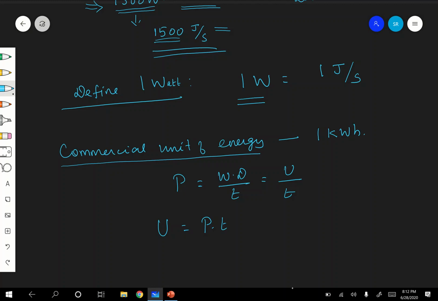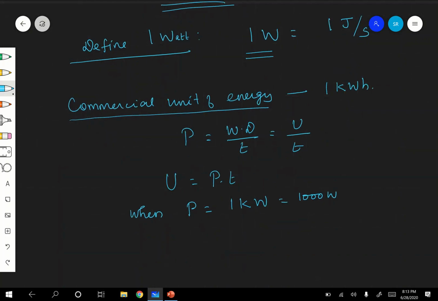When will it be equal to 1 kilowatt hour? When P, the power of the appliance, is equal to 1 kilowatt, that is 1000 watt, and it is put into use for 1 hour, then the energy consumed, E equal to P into T, is nothing but 1 kilowatt hour, correct?